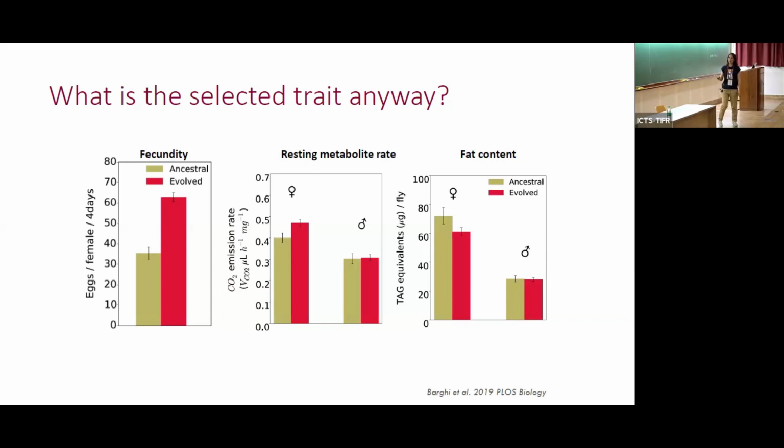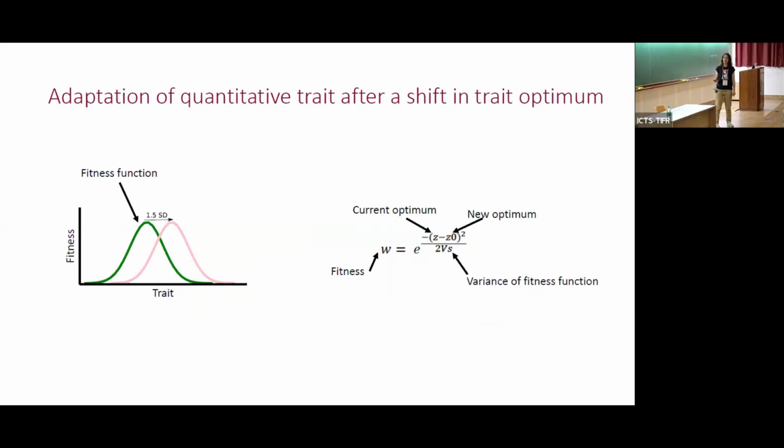Although we have measured fecundity, gene expression, lipid content and resting metabolic rate, none of them could actually be the truly selected target. And with all the models we've looked at yesterday and today especially, we always need to know the trait, and based on that trait or the variance in that trait, we measure fitness.